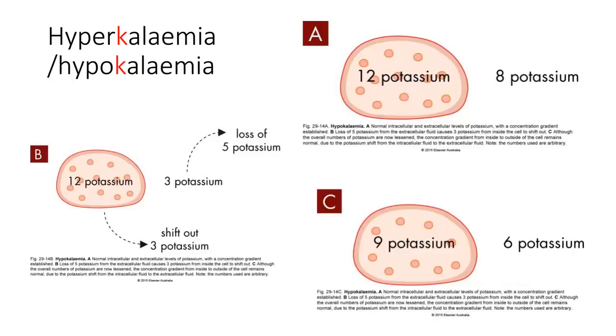When we get to B, we can see that if we lose potassium from the extracellular fluid, that causes the concentration gradient to no longer be balanced, and so some of the potassium inside the cell will move out into the extracellular fluids. And so then we see that we now have 6 potassium ions sitting in the extracellular fluid, which is the fluid we can measure. And so we are now hypokalemic.